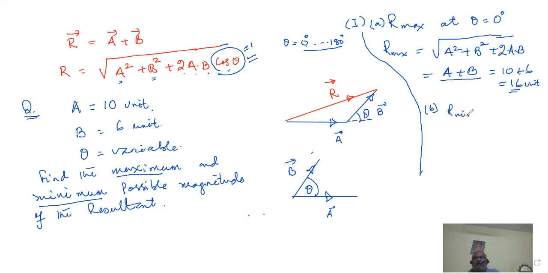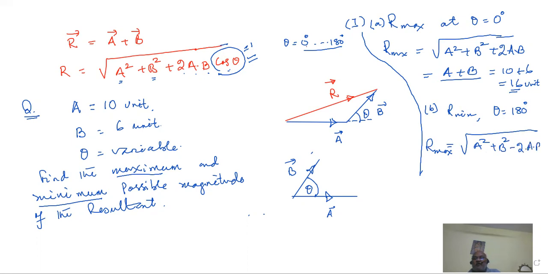So for R minimum, cos theta must be -1. For that, theta equals 180 degrees and cos theta is -1. So if you substitute cos theta equal to -1, R minimum will be root over a square plus b square, and because cos theta is -1, the last term becomes -2ab.